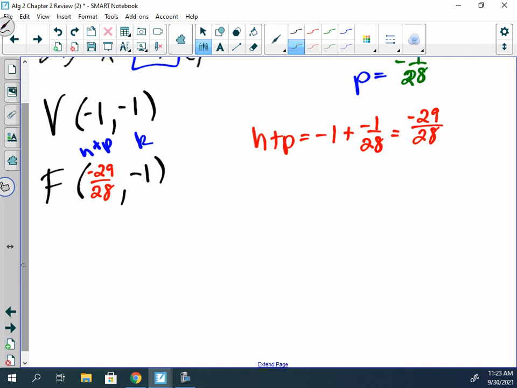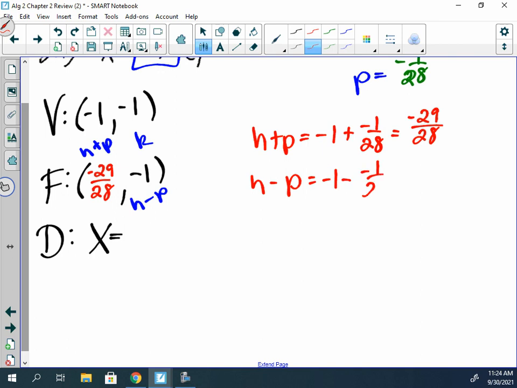So that gives us vertex, focus, directrix would be what? What are we starting off with? x equals h minus p. Well, h minus p would be negative 1 minus negative 1/28. Well, the negative and negative would give us a positive.